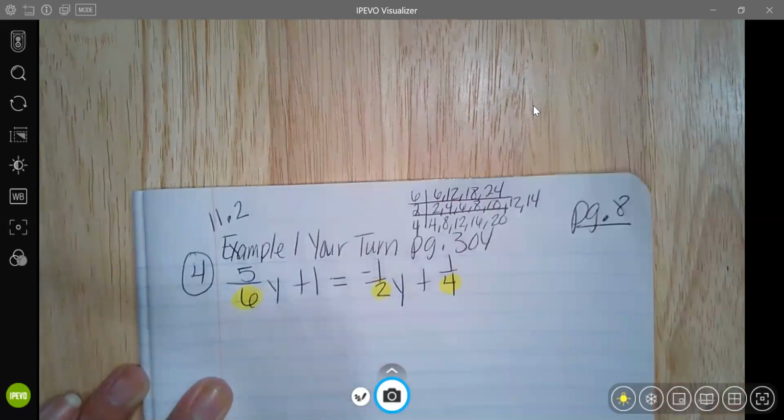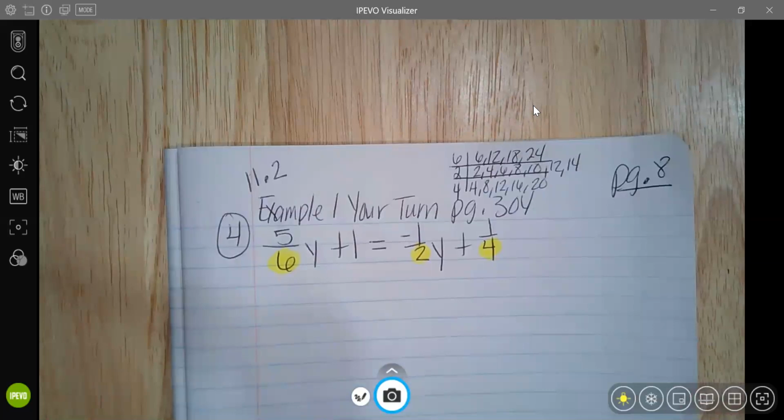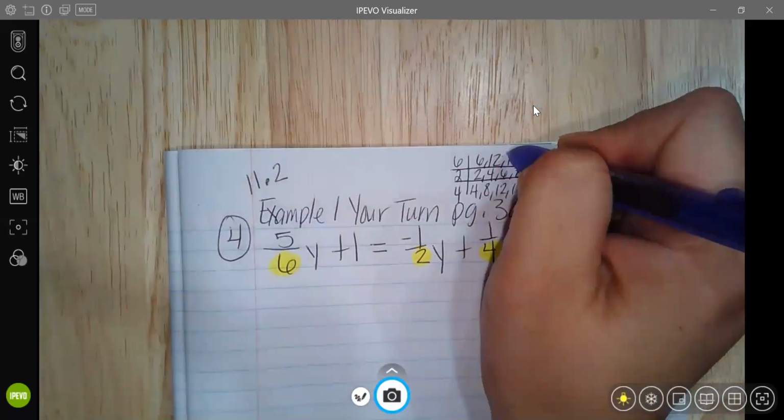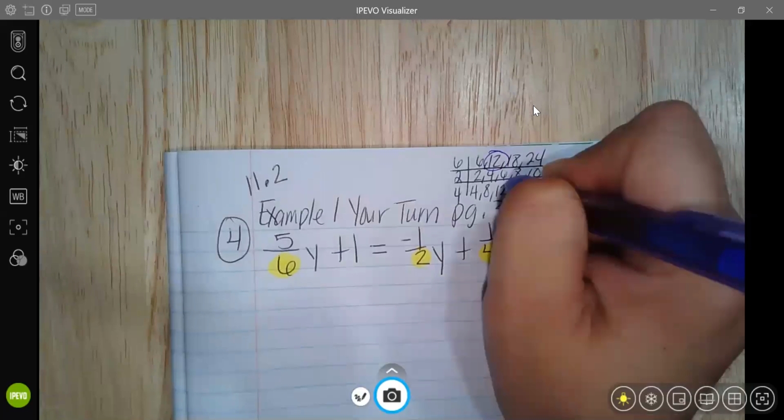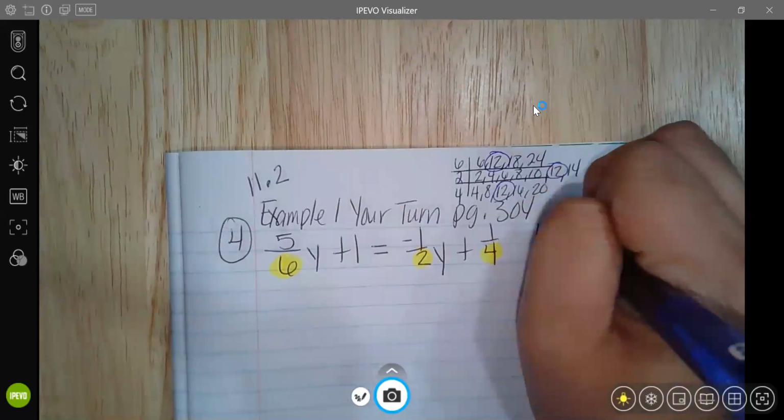Okay, so I did some here, right? So I'm going to look and see what is the smallest number that these 3 numbers have in common. And if I look very carefully, I believe it's 12, 12, 12, and 12. Awesome, yes. So that means our LCM is going to be 12.